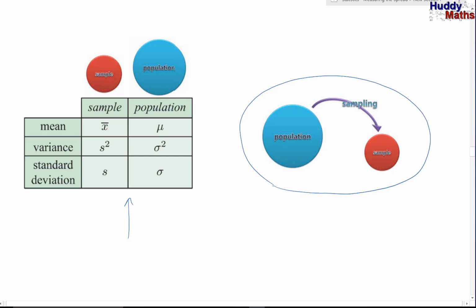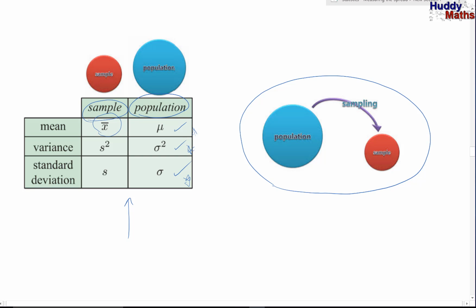If we take a sample from a population, here we are, and there's the population. We use Greek letters for the actual proper values when we measure the whole population. We talk about its mean and its variance and its standard deviation. And in our sample, we'll use different symbols.